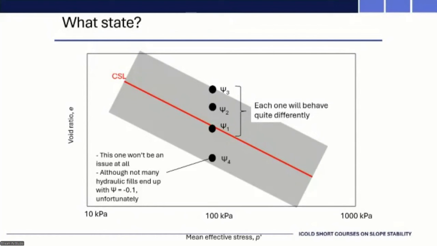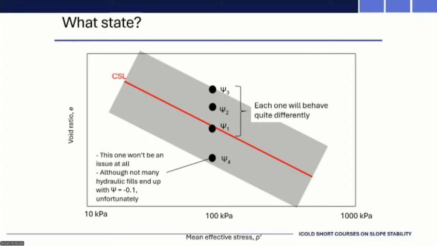Now, if you put a 4th one in, a very low value of state parameter, that's not going to cause any problems. That's going to be highly dilative. Probably highly unlikely as well on hydraulically placed TSFs.